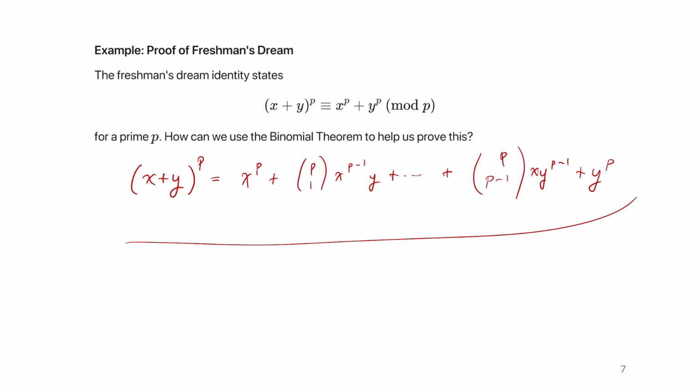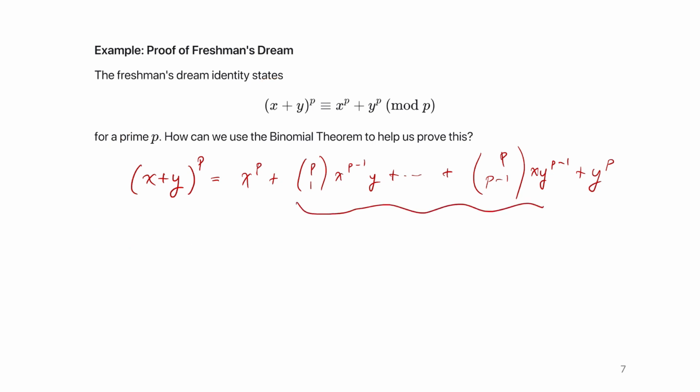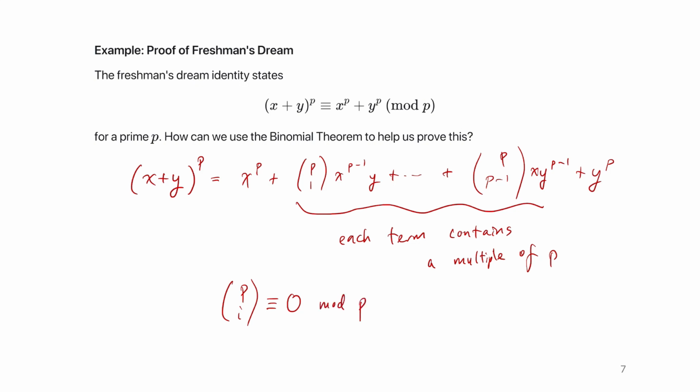Right? And what we did last class is we showed that each of these terms contains a multiple of p. And again, how do we do that? We show that p choose i is equivalent to 0 mod p when i is not equal to 0 or p itself, and p is prime.